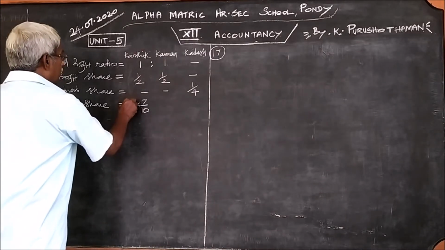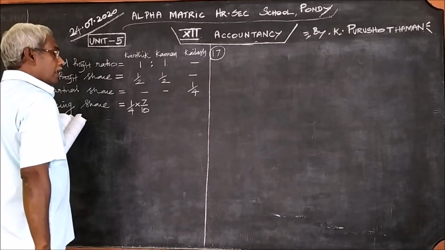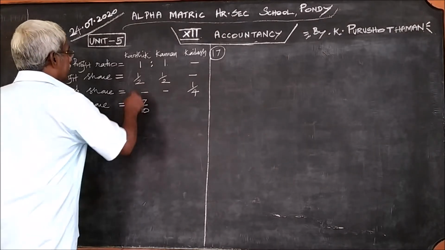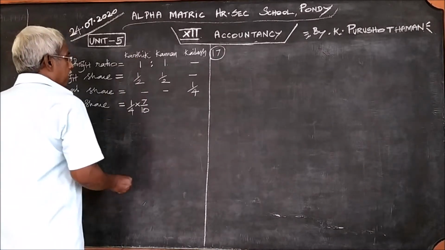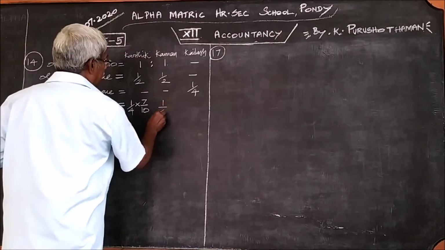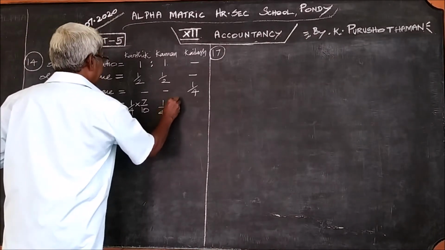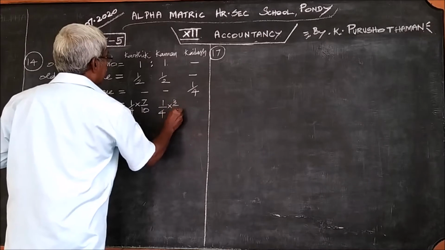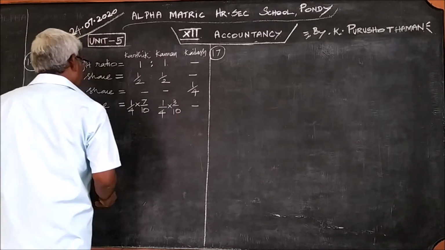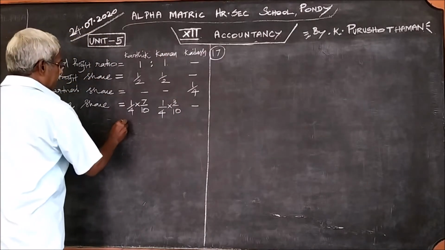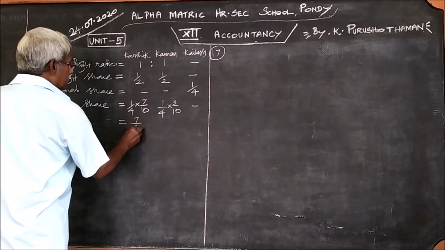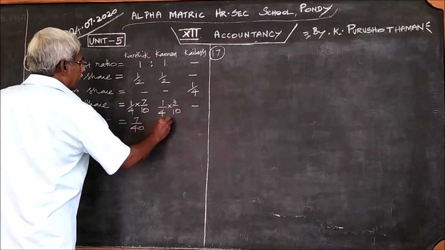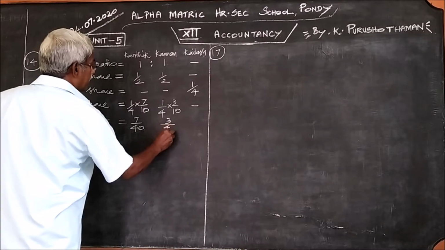This 1/4 into 7/10 is given by Karthik. From this 1/4, 3/10 is given by Kannan. So this is equal to 7/40 and 3/40.